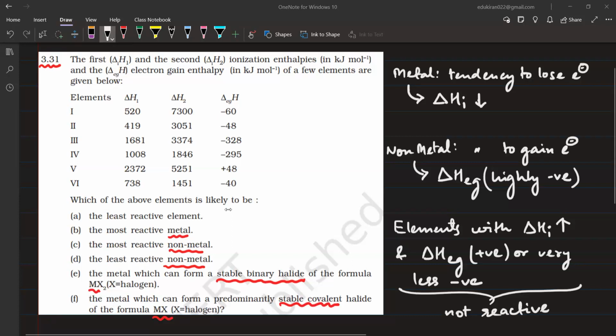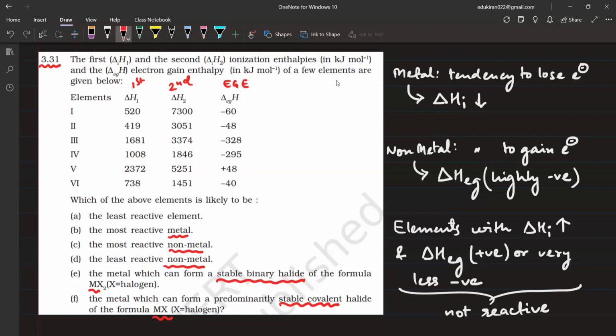Whenever we say high and low, that should be put in perspective. You have to compare things. So first of all, let us see element number 1. If I look at the first ionization enthalpy, it's very low, so it can lose the first electron quite easily.